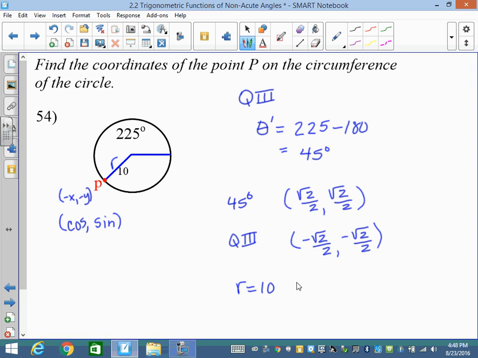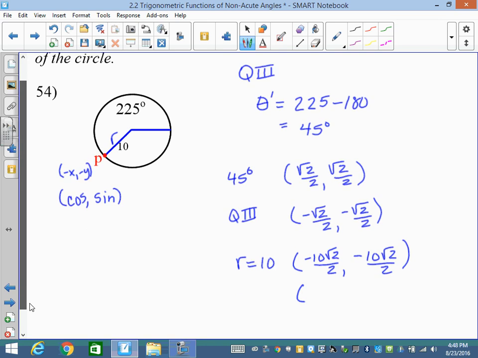So this is going to give me negative 10 radical 2 over 2, negative 10 radical 2 over 2. And don't forget to clean up your fractions. So your answer is going to be negative 5 radical 2, negative 5 radical 2.